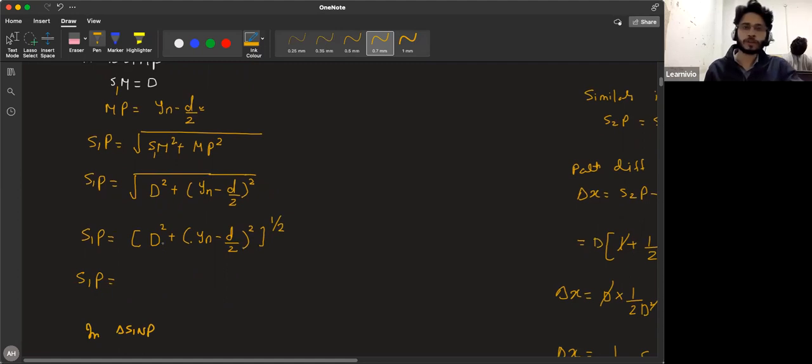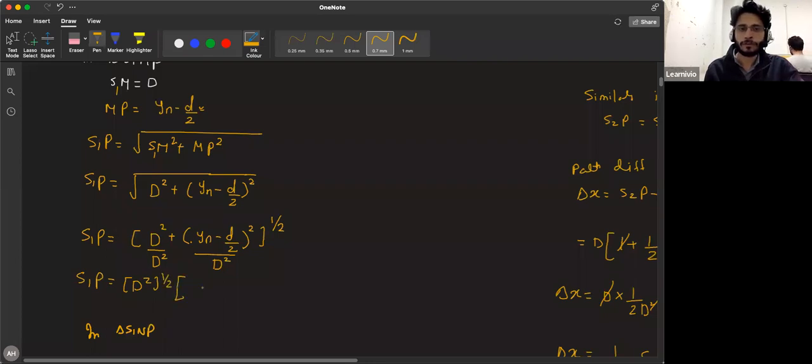Taking D square as common means you are dividing both sides by D square, and since there is this power half, we'll have the half power over D square also.